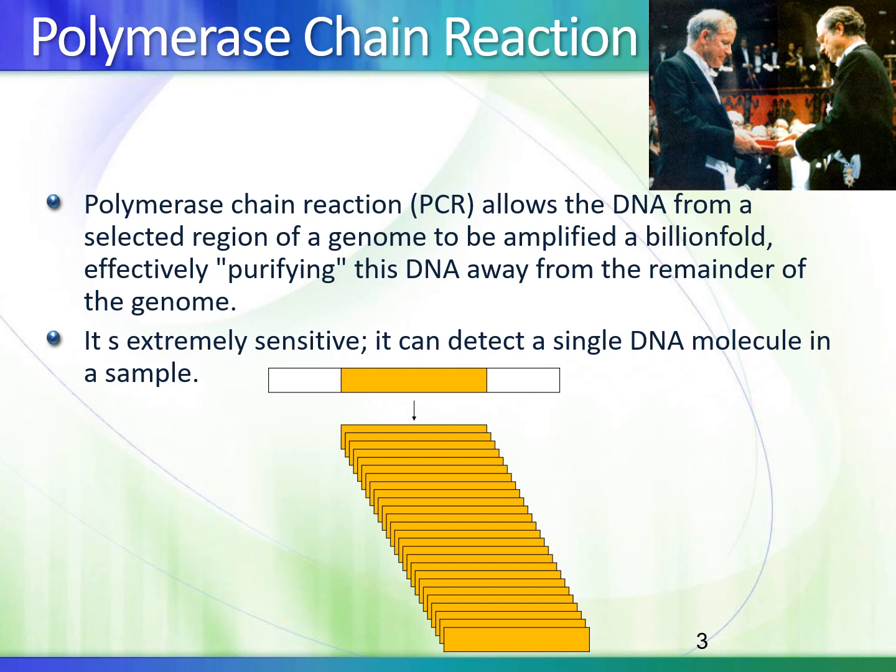And the whole purpose of this reaction, of this technique, is to make lots of copies of a specific region of a DNA. So it's almost like cloning, except that it's much faster. It's very sensitive as well, and it has a lot of uses.